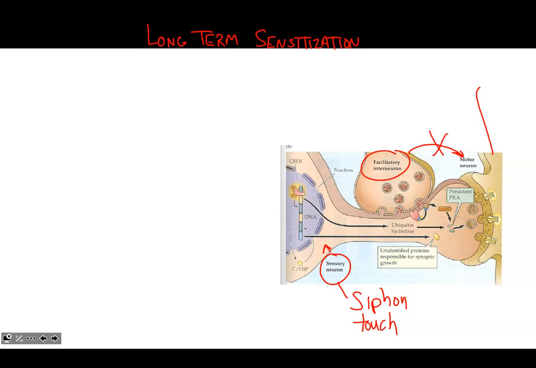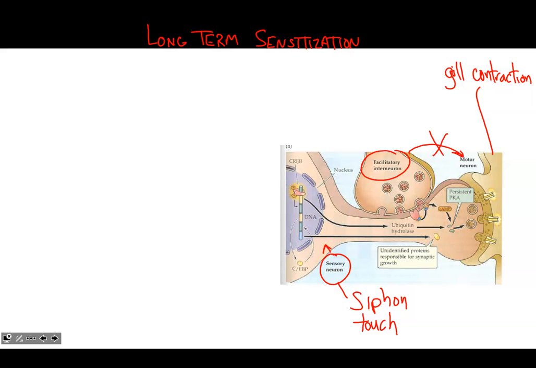And this motor neuron here, the eventual result is if this motor neuron generates action potentials, it leads to a gill contraction, because it's going to innervate that particular muscle of the gill.